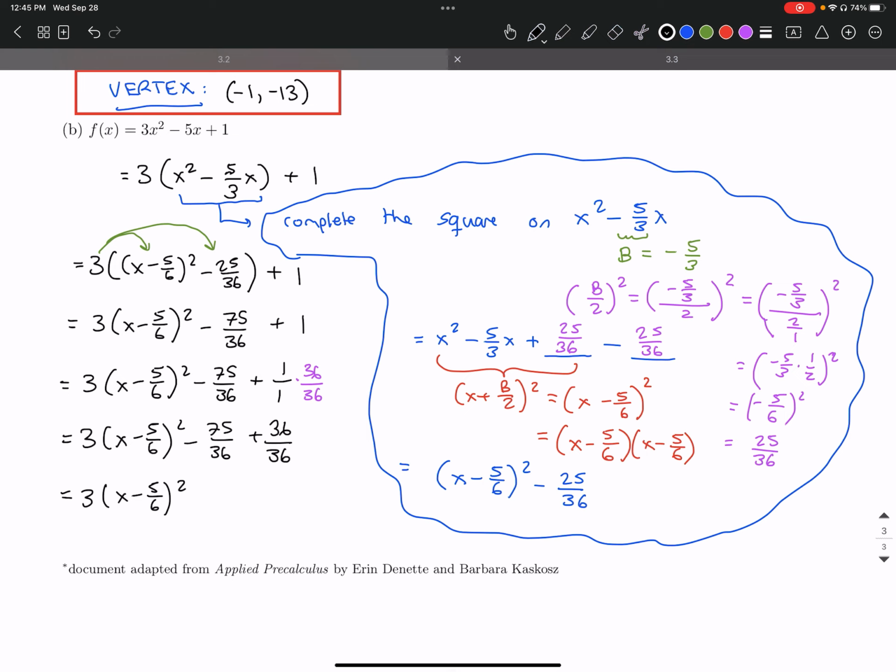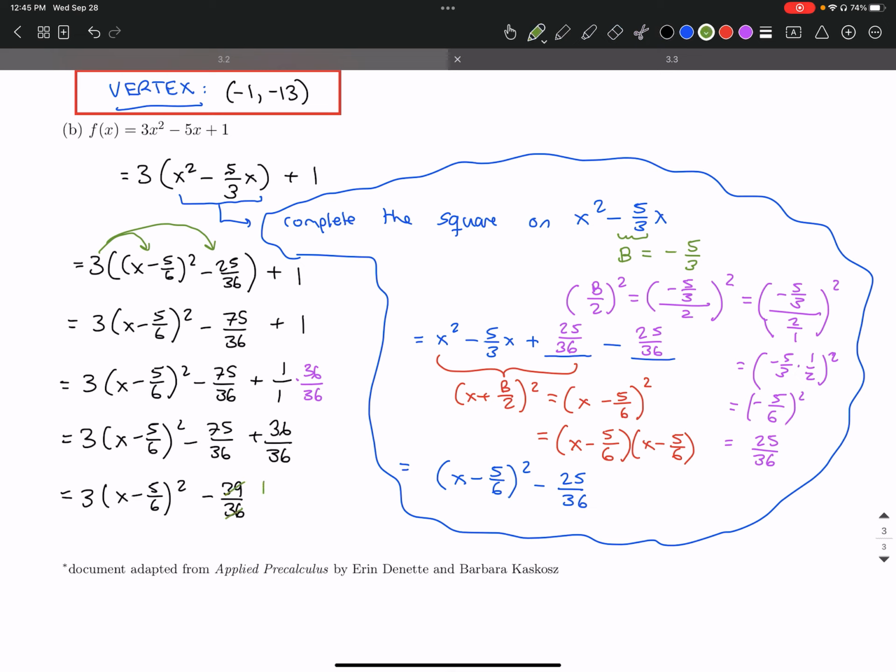Combining those, negative 75 over 36 plus 36 over 36, we will deal with the numerators first. That is going to give me negative 75 plus 36, or 36 minus 75 if you prefer to do it in the opposite order, which is negative 39 over that common denominator of 36. 39 and 36 are both divisible by 3.